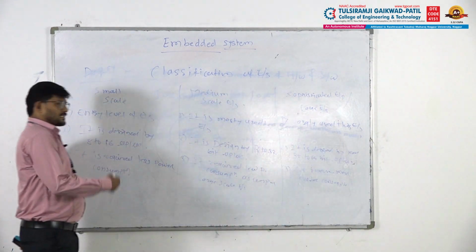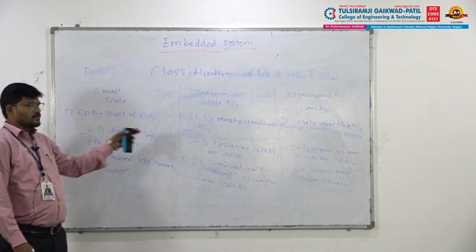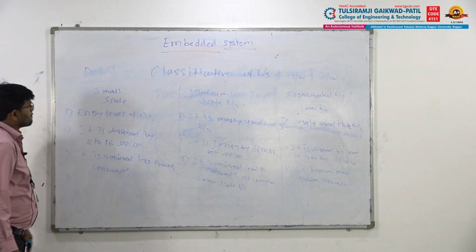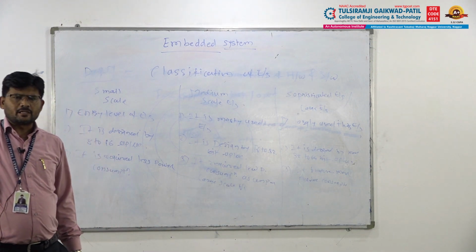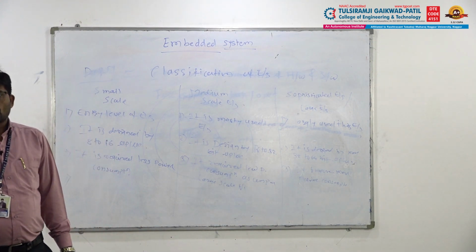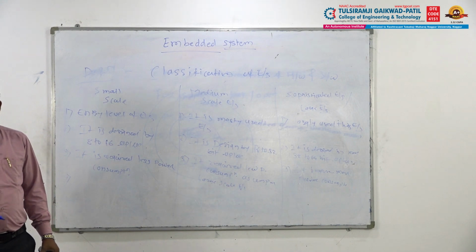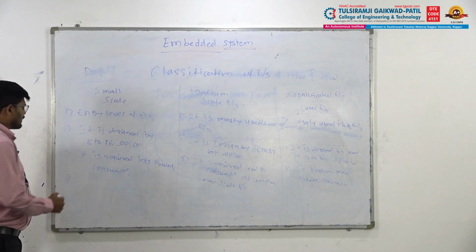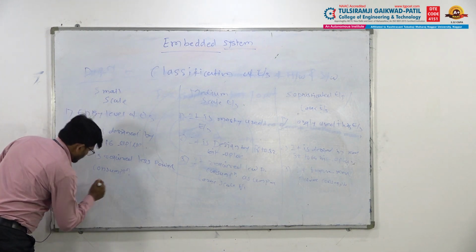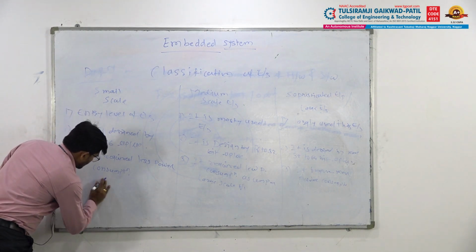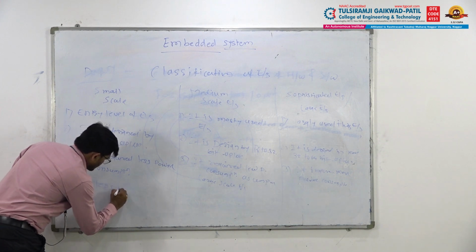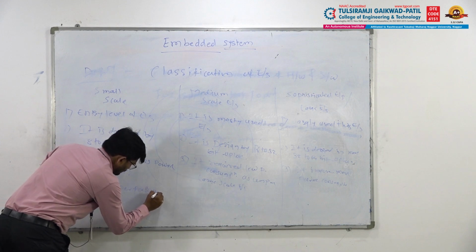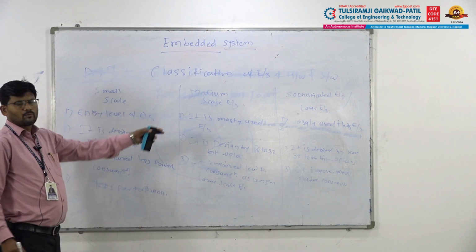The next difference between small scale, medium scale and sophisticated embedded system is performance, which is a very important parameter or feature. The performance of the small scale embedded system is less as compared to medium scale embedded system.